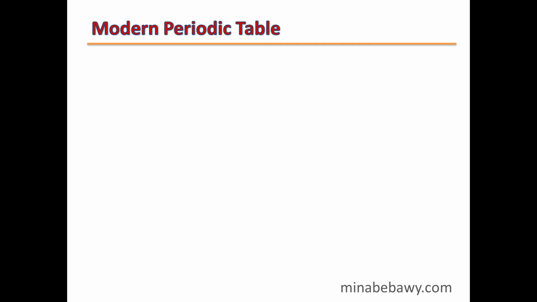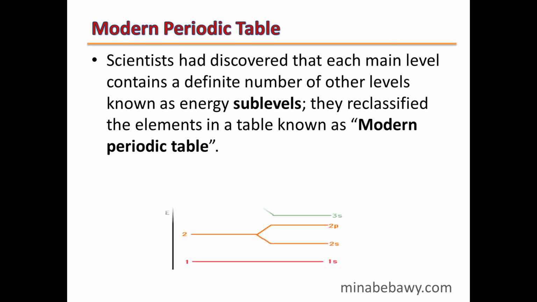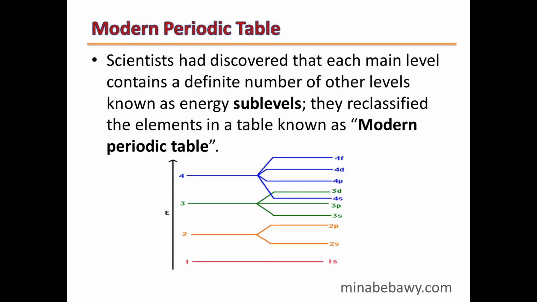Now let's talk about the final attempt at classification of elements, which is the modern periodic table. Scientists had discovered that each main energy level from the 7 energy levels, which start with K and end with Q, contains a definite, specific number of other levels, which are known as energy sublevels.